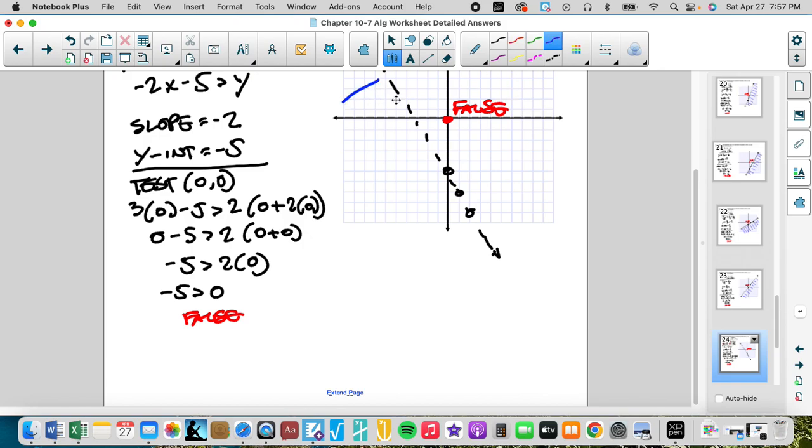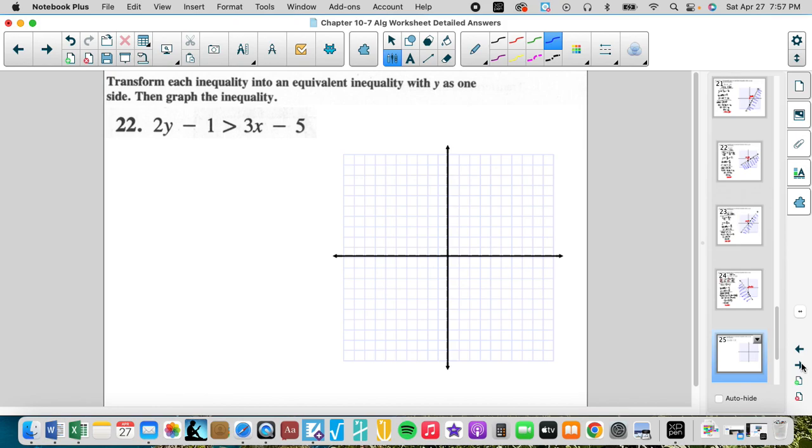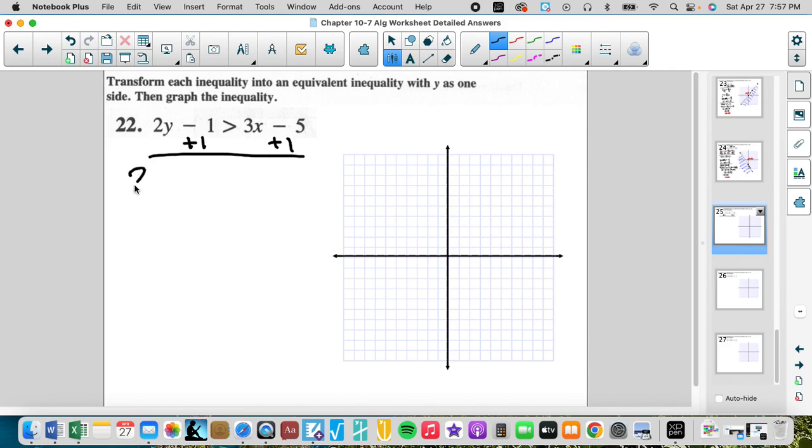So I'm going to graph the other side, or shade the other side. Okay, let's move that constant over. You get 2y is greater than 3x minus 4. Let's divide everything by 2.